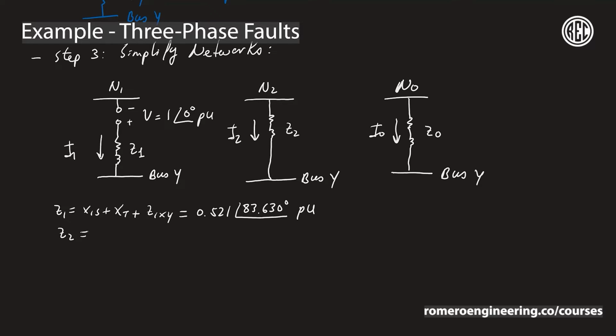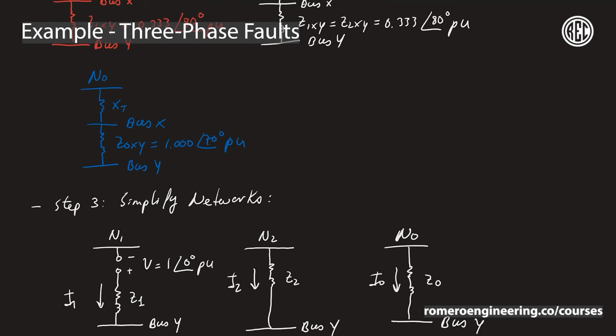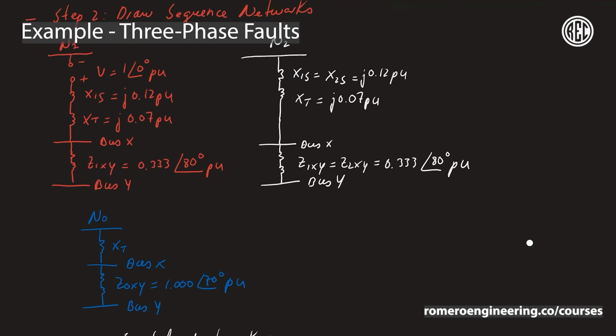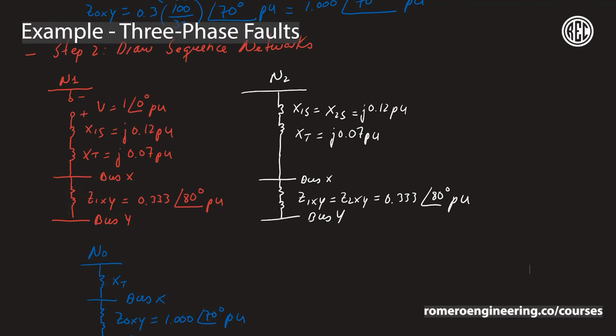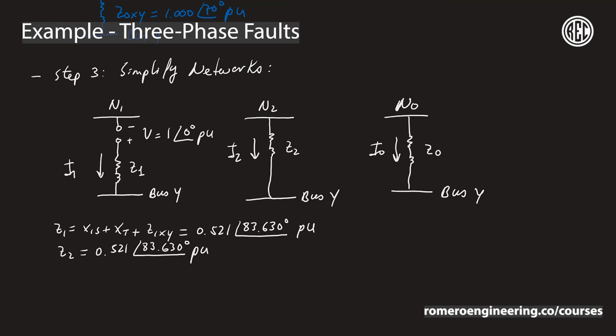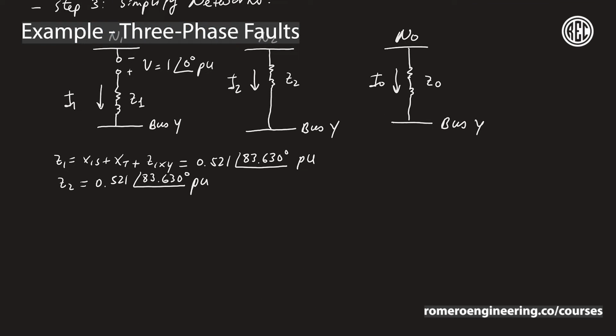Z2 we already know is the same: 0.521 at an angle of 83.63 per unit. The reason this is the same is because these simplified networks come from the networks at the top, and we know that the positive and negative sequence impedances for the system, the transformer, and the feeder are the same. So at the bottom, Z1 is simply equal to Z2.